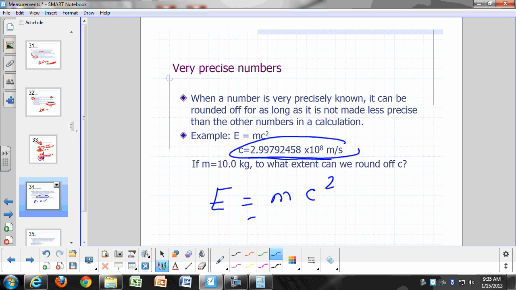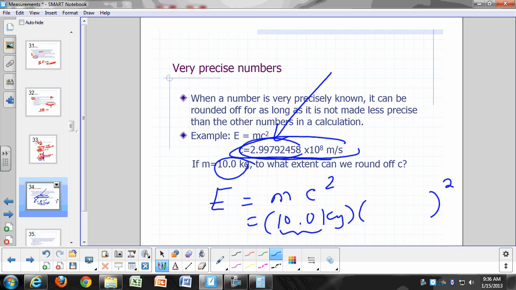squared. Well, let's say your mass is only known to 3 significant digits, so that's 10.0 kilograms in this example. Well, you don't have to put all the digits for c in here, because you know you're going to round off your answer to 3 sig figs anyway. So in this case, you can save yourself some time and trouble by just rounding this off to 4 sig figs.